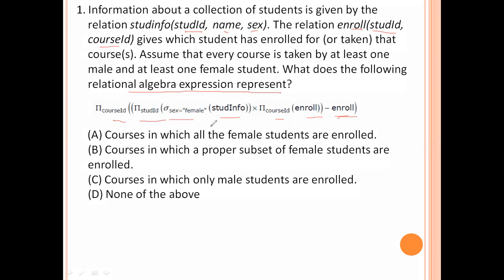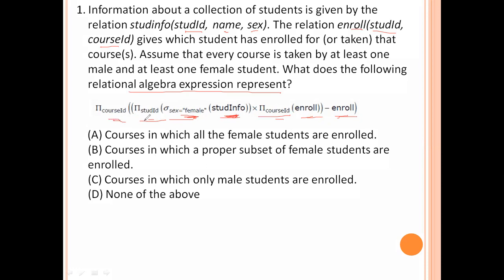Here we see that first we select student IDs of all female students, that is, student ID from student information for all female students, and select course IDs of all courses.